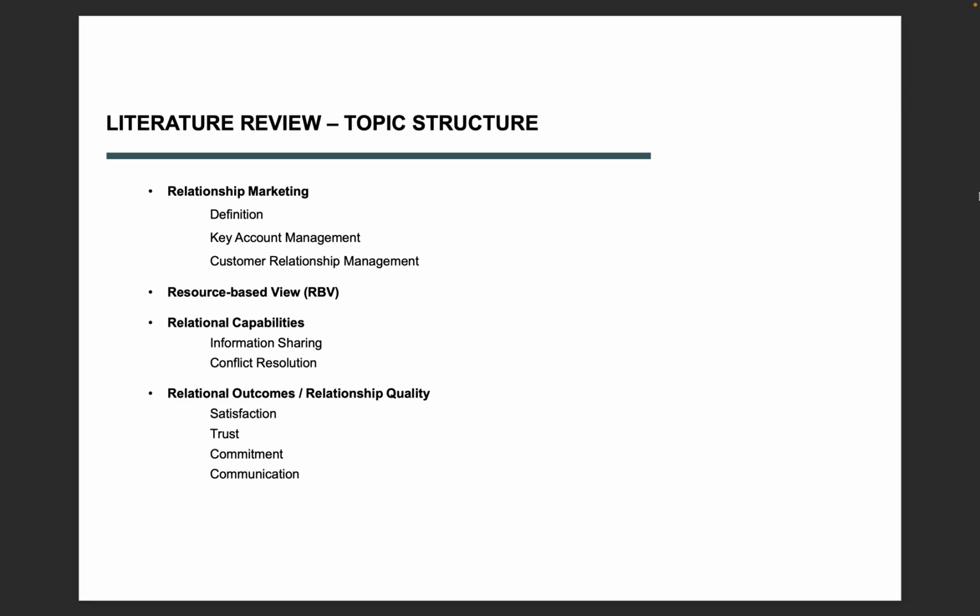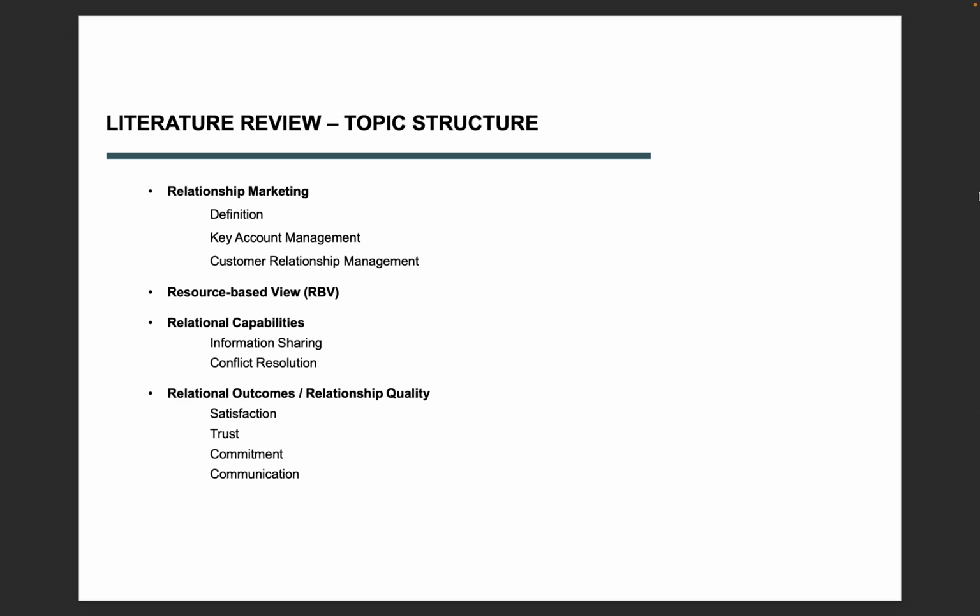As mentioned in previous research already, and I'm adapting this model, the resource-based view is considered as the basis theory here, and relational capabilities are considered as a resource in this context in order to moderate the relational outcomes.